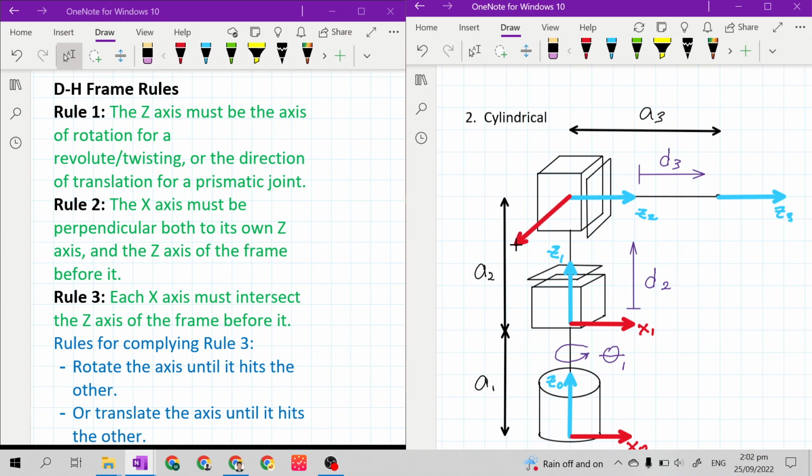So z sub 1 is pointing upward while z sub 2 is pointing to the right side. So our only choices are the front or the back. I will put it at the front so I can see it properly, and I will label it as x sub 2.